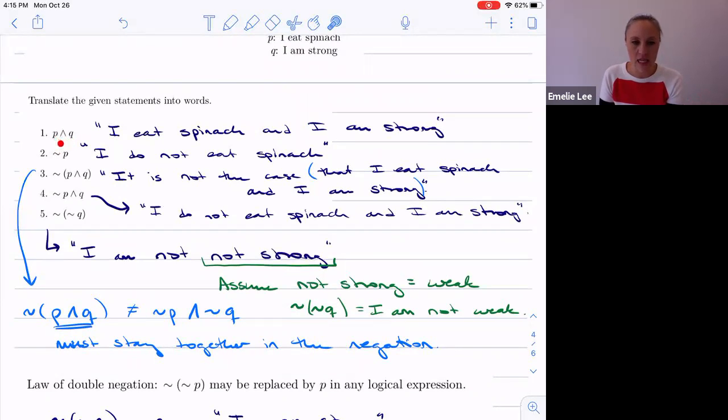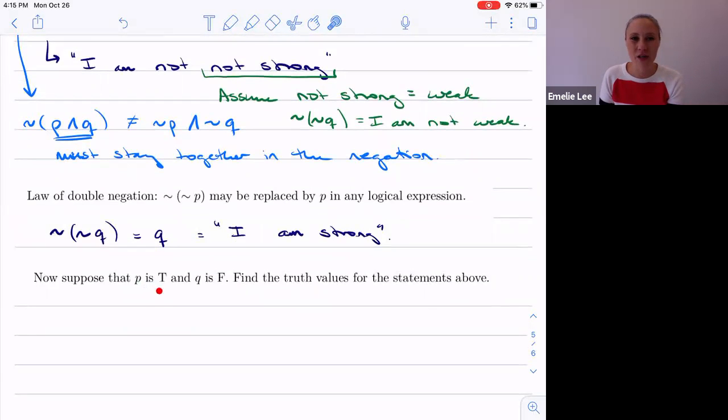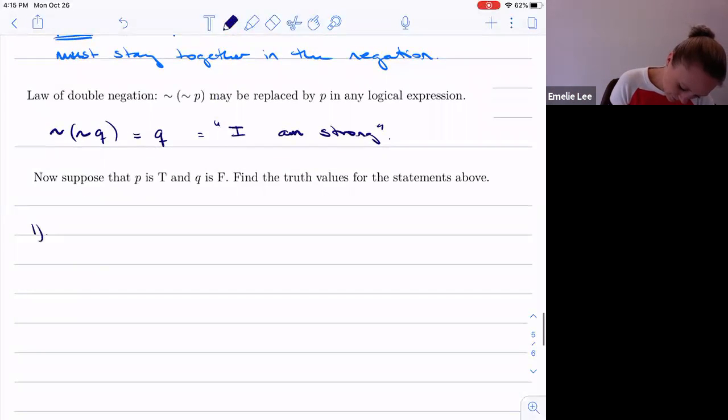I don't need a full table, even though I said truth table, because I already know that P has to be true and Q has to be false, which is only one line on the truth table. So I'm going to write these out. The first one was P and Q.